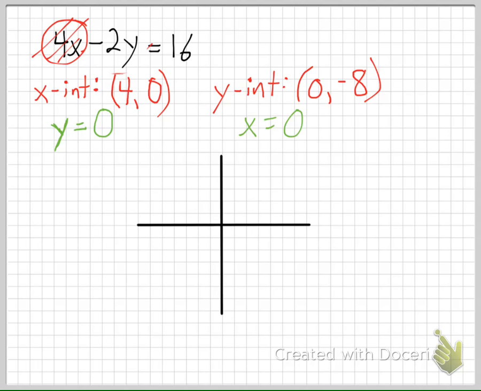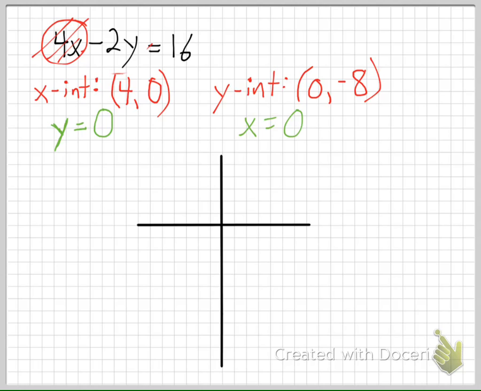So I need to graph (4, 0) and (0, -8). So (4, 0) means I go to the right 4: 1, 2, 3, 4, and up none.